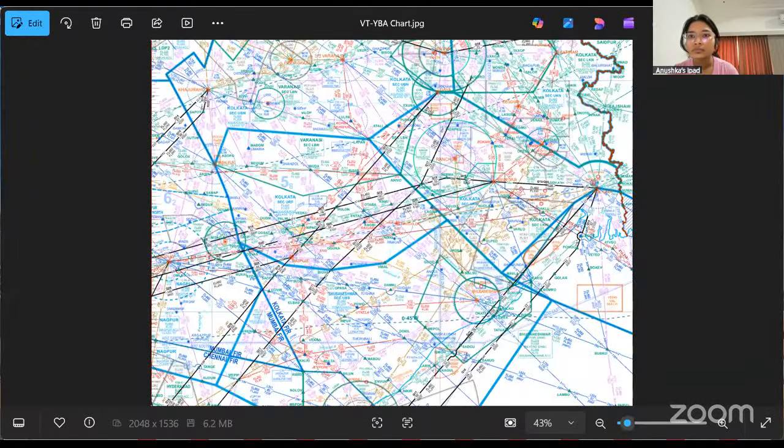So this is a small piece of a bigger chart, but we have such 4 or 5 charts issued, and it is a piece of a chart, one of them. So here we have certain major aerodromes and certain major routes, and we have certain control boundaries, certain FIR boundaries.